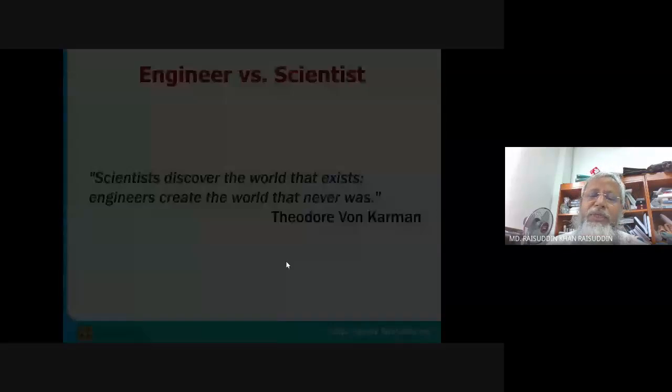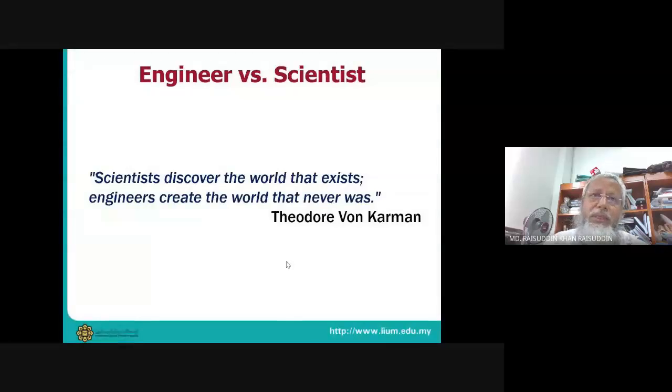So in short, we use knowledge of mathematics, science, and experience to develop devices for the benefit of mankind. This is the definition of engineering. So it is very clear that when you want to study engineering, mathematics is a very crucial element, and next to mathematics immediately comes science.